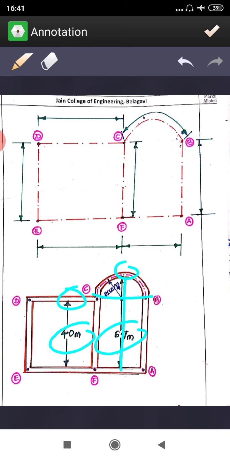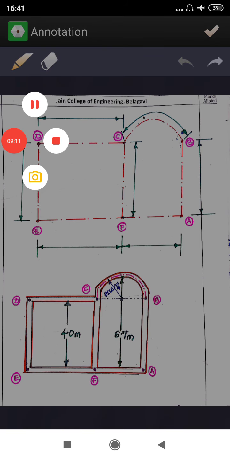It means that you will be getting the rm length, right? So it is very easy. By looking at this plan you can get that. 6.7 minus this portion, up to the 4 plus 0.2 that you have to take, then you have to add half of the wall thickness from there, so you can easily get the rm. Now that calculation I'll be showing you here.